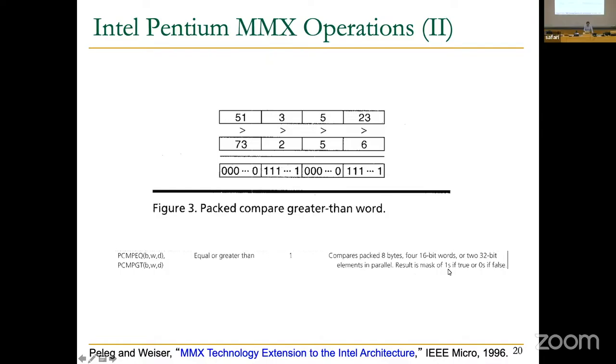The result is a mask of 1s if true or 0s if false. So you compare 51 to 73. 51 is not greater than 73, so the result is all 0s in these 16 bits. 3 is greater than 2, so the result is all 1s in these 16 bits. 5 is greater than 5? No, that's not true, so the result is all 0s. 23 is greater than 6, so the result is all 1s.